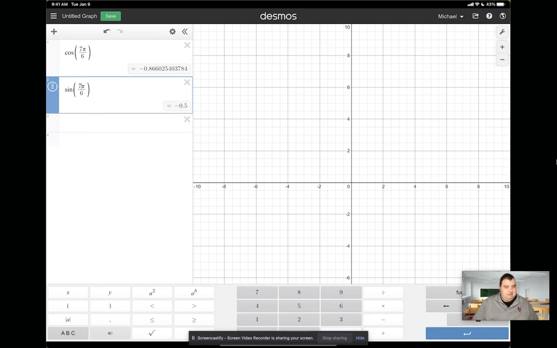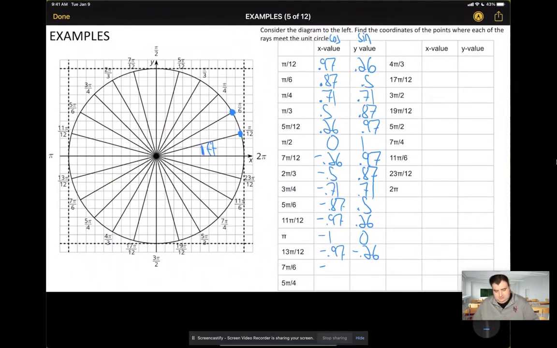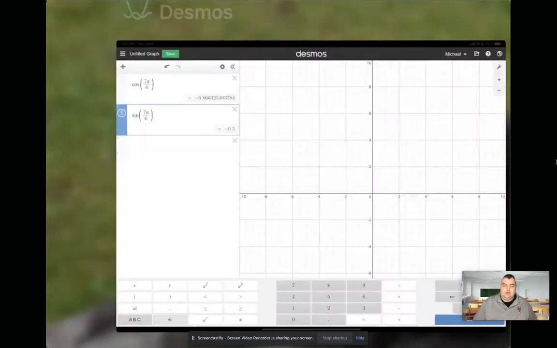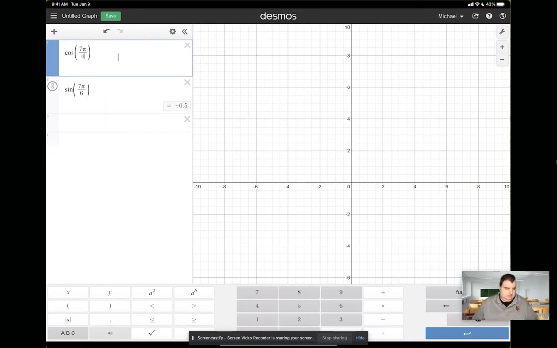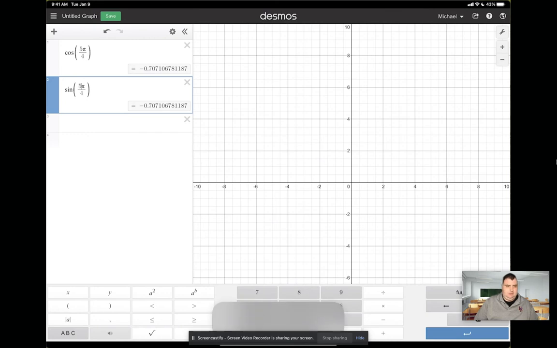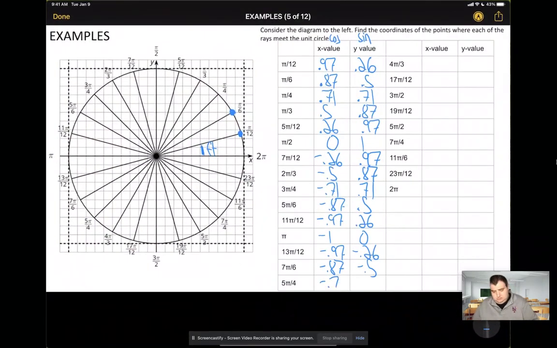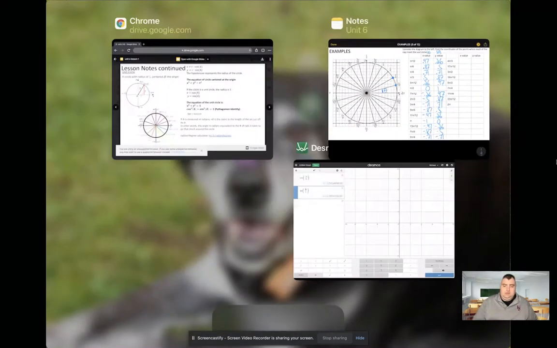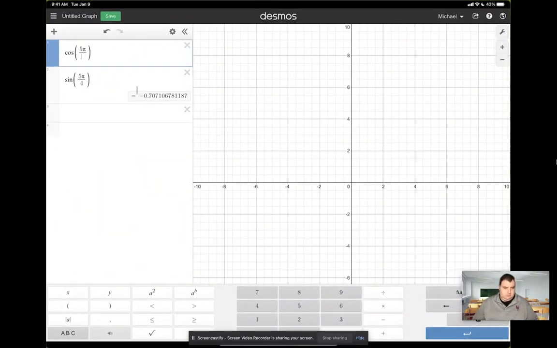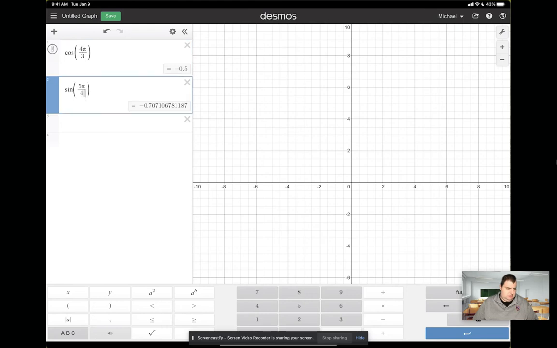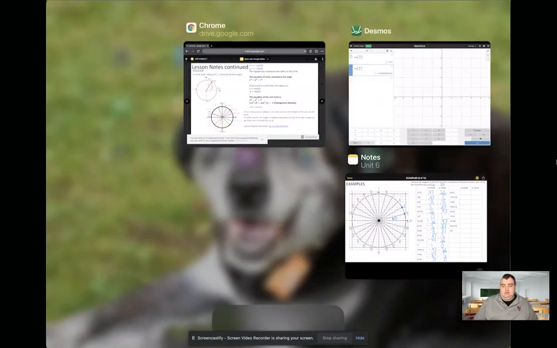So negative 0.87 and negative 0.5. 5 pi over 4. So negative 0.71 and negative 0.71. 4 pi over 3. Negative 0.5 and negative 0.87.